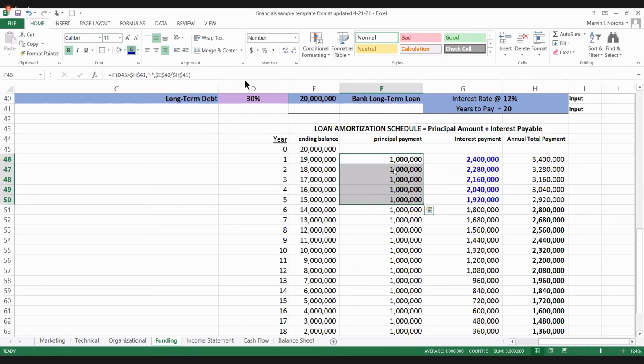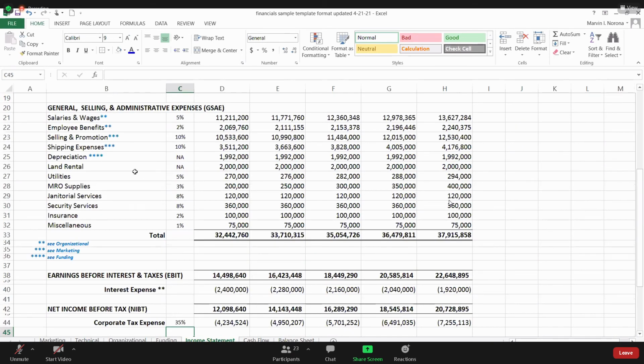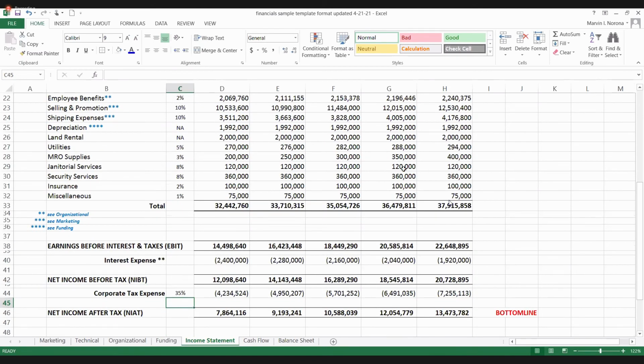Okay, sige. So, nasusundan pa ninyo ako? Nabobore na kayo? Kaya ako lang binibigay ng oras yung pag-explain nito. Palibasa, in-automate ko na ito para sa inyo.